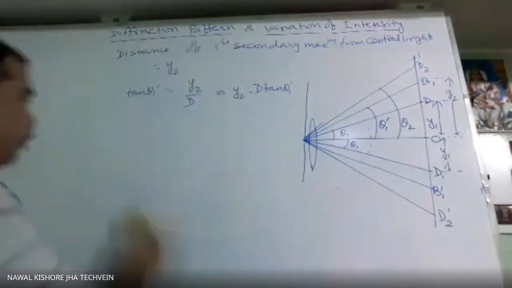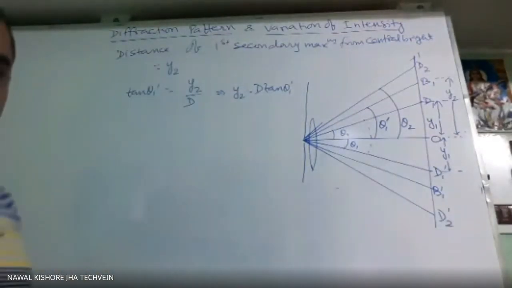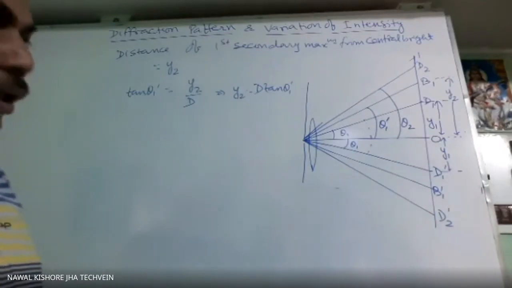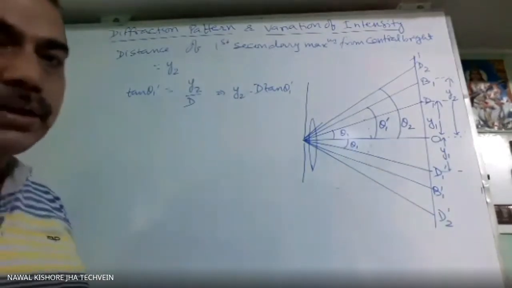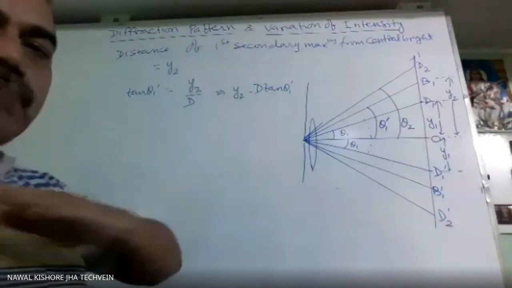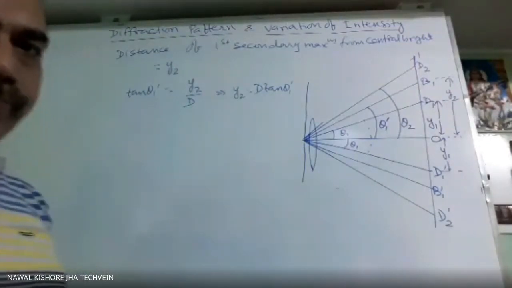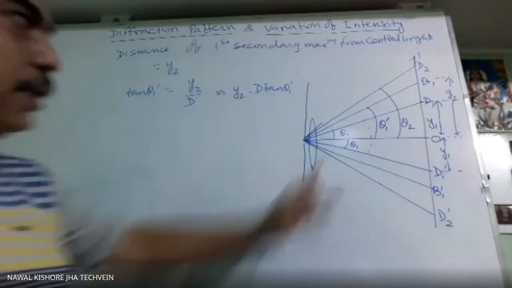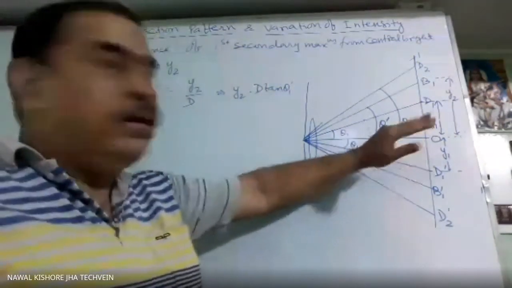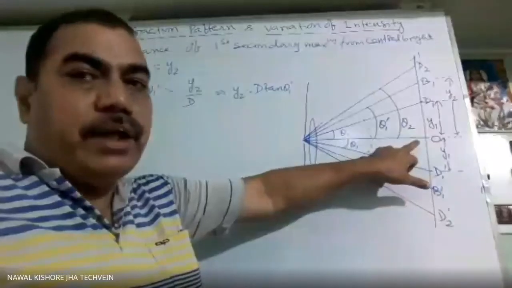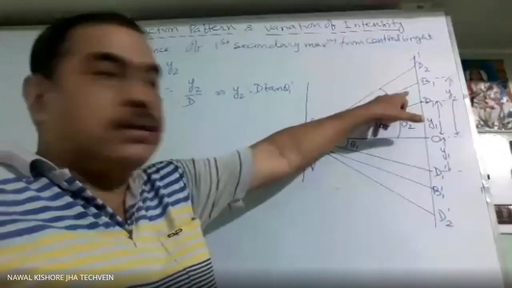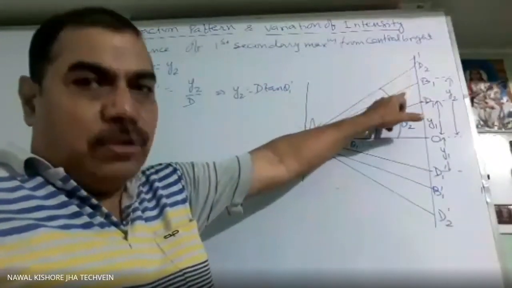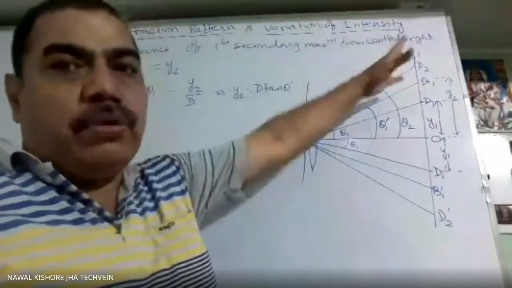So, variation of intensity. In case of interference, all the maxima had the same intensity. But here this is not the case. In this case, the intensity of the central maximum will be very high in comparison to the first bright, which is much lower, then the second is very low.